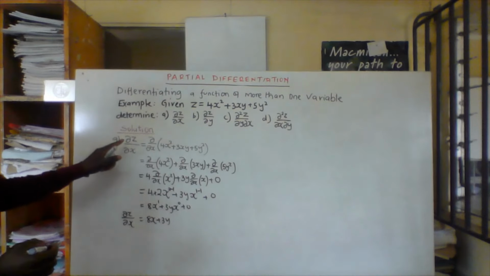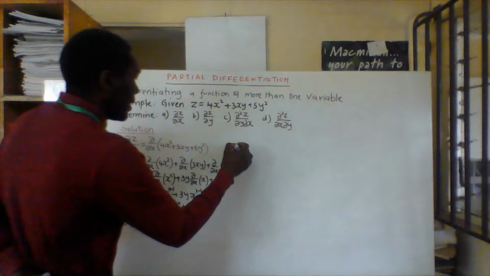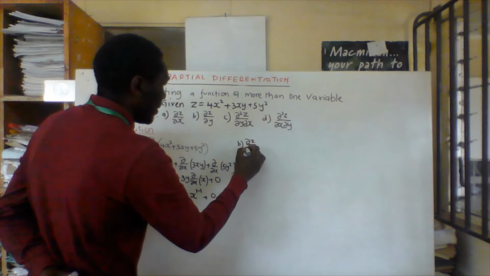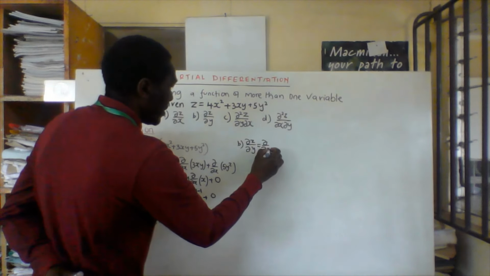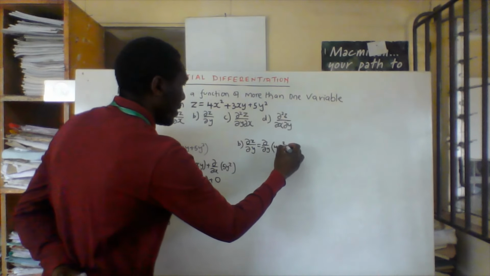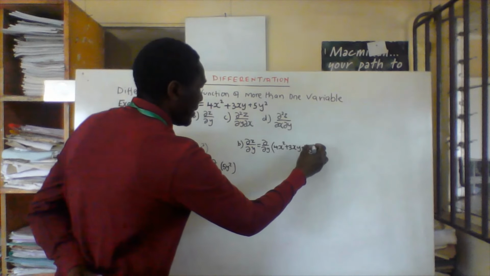We can also work out the partial derivative of z with respect to y. So we have part B. The partial derivative of z with respect to y is equal to the partial derivative with respect to y of z, which is 4x squared plus 3xy plus 5y squared.